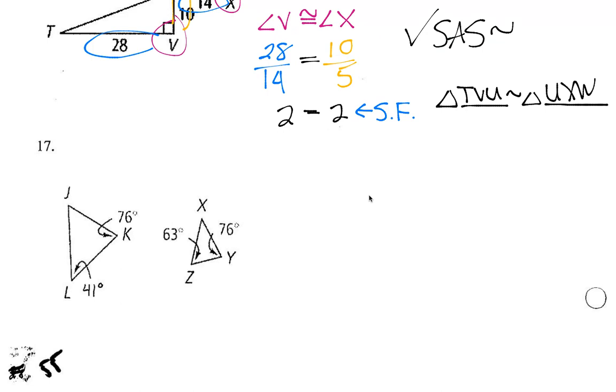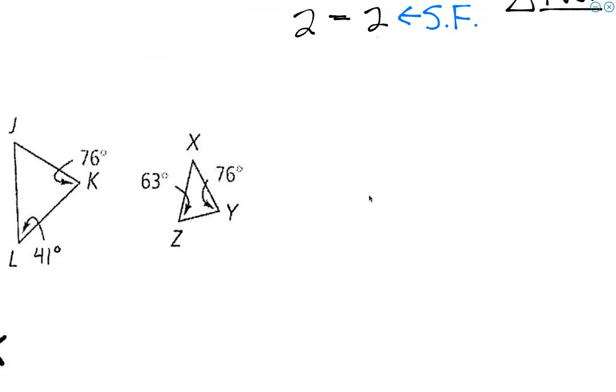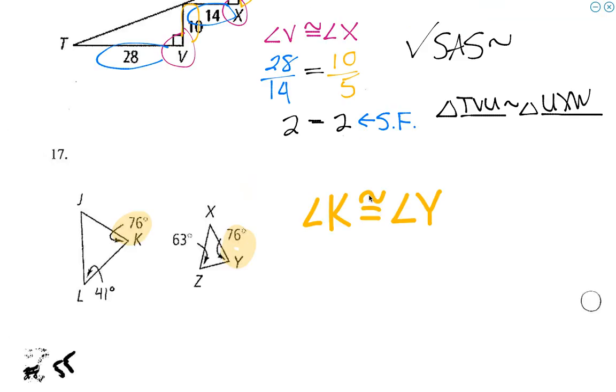All right, so let's look at this last one. I have no side lengths whatsoever, so I need to try and use angle, angle. The first thing I see is that angle K and angle Y are both 76. So angle K is congruent to angle Y. But L and Z are not the same.